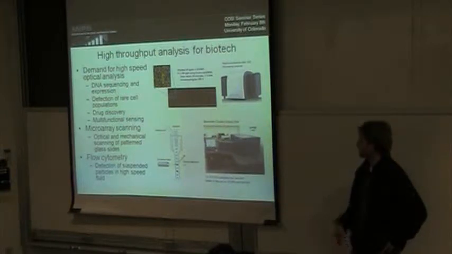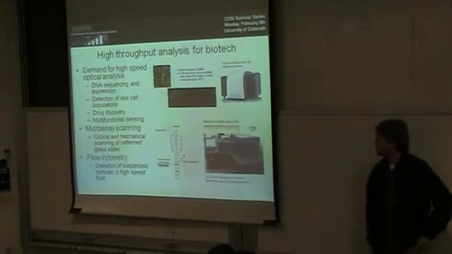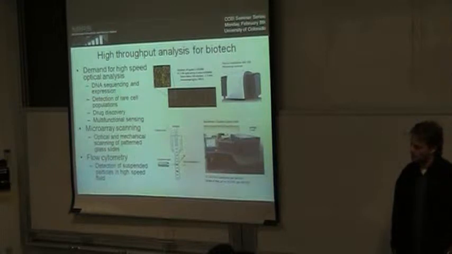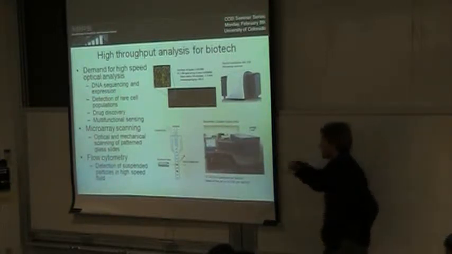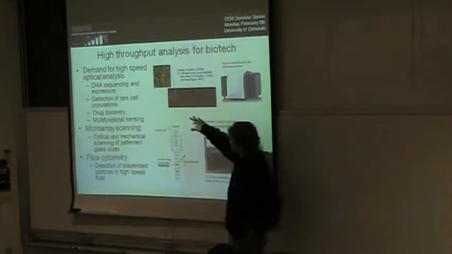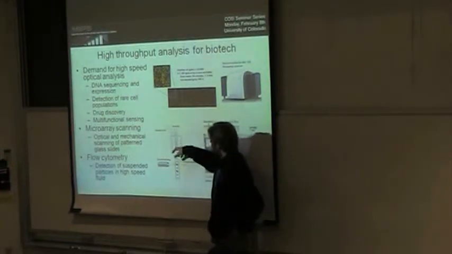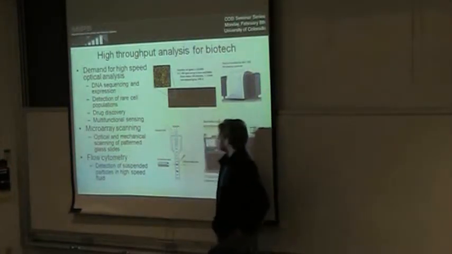Another one that is maybe more similar to the one that I'm going to present today is flow cytometry, which uses a mix of fluids and optics. You send your sample into what is often a capillary tube, and then surround it with another fluid.